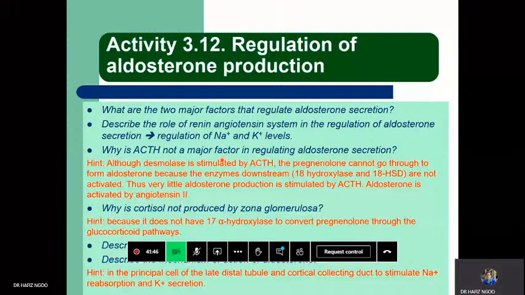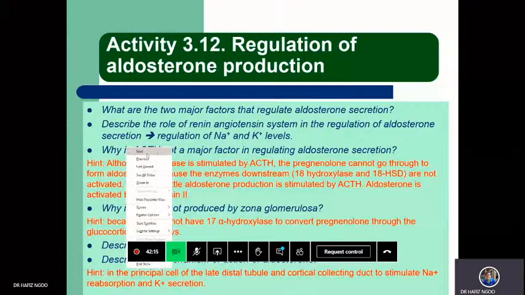Before we go there, why is ACTH not the major factor in regulating aldosterone secretion? The hint is that although the side-chain cleavage enzyme is stimulated by ACTH, pregnenolone cannot go on to form aldosterone because the 17-hydroxylase is not there. We look at the previous one.